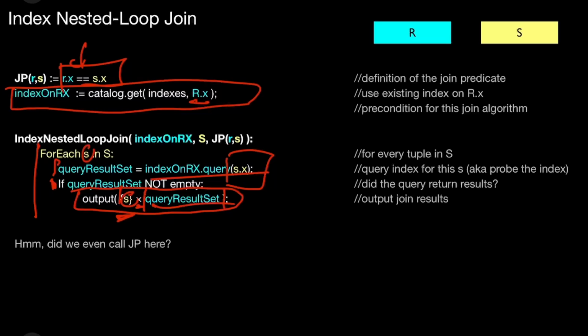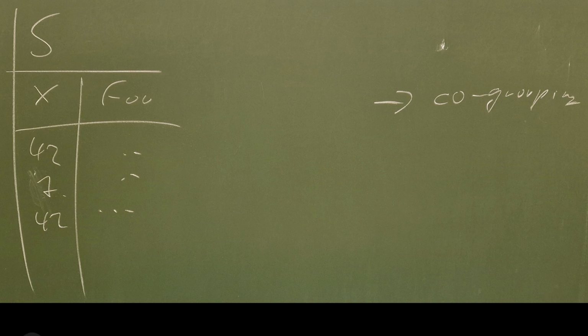Could the algorithm be optimized if we sort the table S already on the join attribute, and then if we have multiple of the same values of x, for example, take this group, then query the index once, one value? Yes. Yeah, that's another reason actually why grouping and joining is very similar.